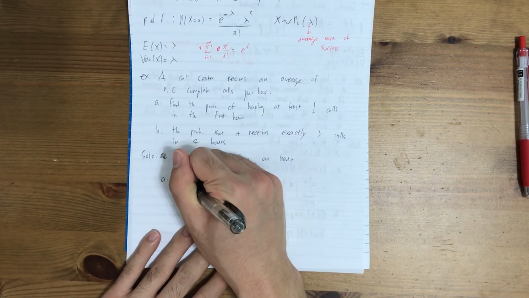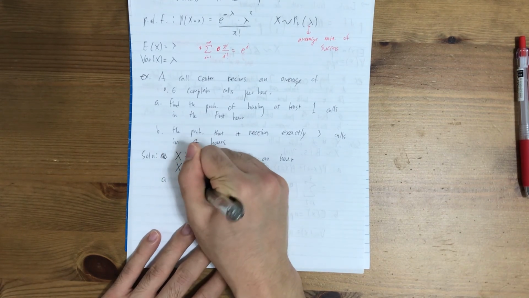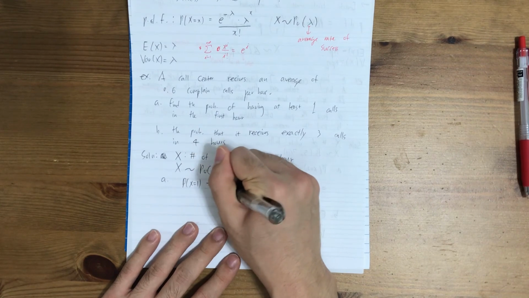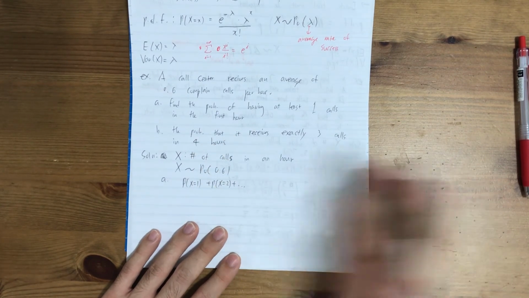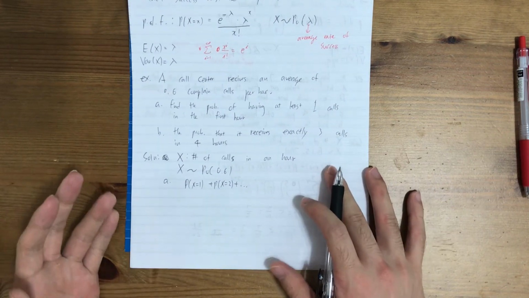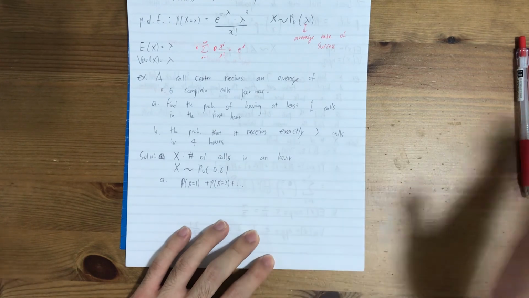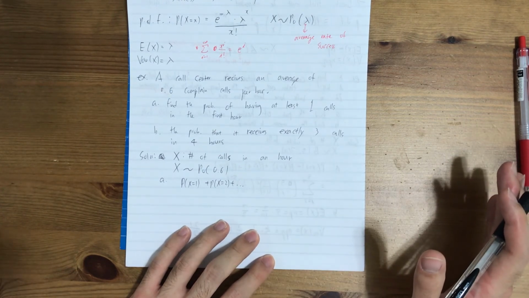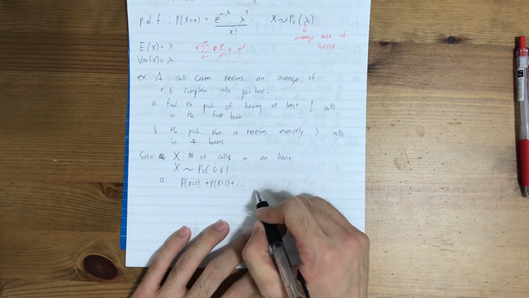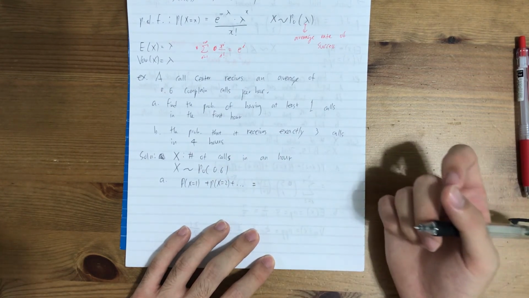And A, find the probability of having at least one call. So that means P(x=1), P(x=2), and then it just goes on and on, right? Is there any limit? Theoretically, there isn't. So that means we have to add up to infinity, but that means we can't really compute it, right? So what we can do is that we use the idea of complement.